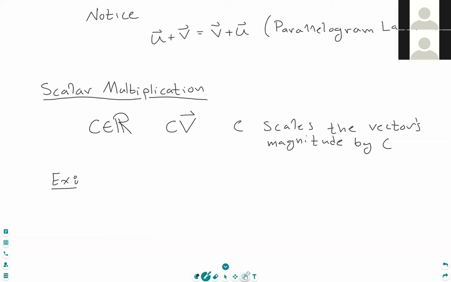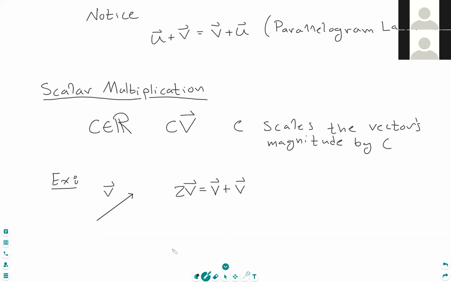If I had a new vector, let's call it v, and I wanted to know what 2v looks like, we'll notice that we can use addition laws to help us out. 2v is the same as saying v plus v.